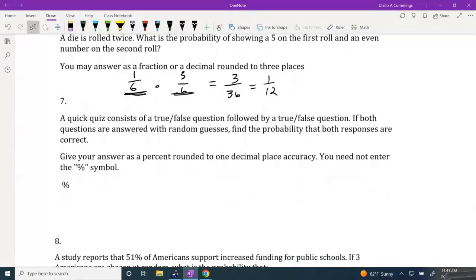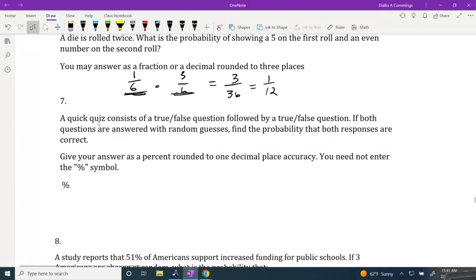Now be careful on number 7, because it wants you to answer it as a percent. It says you don't need to enter the symbol, but you want to enter it as a percentage. So when we actually calculate the probability, we've got to change that probability to a percent.